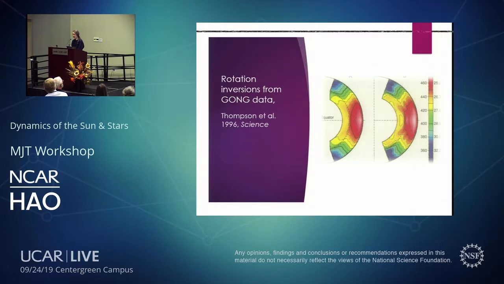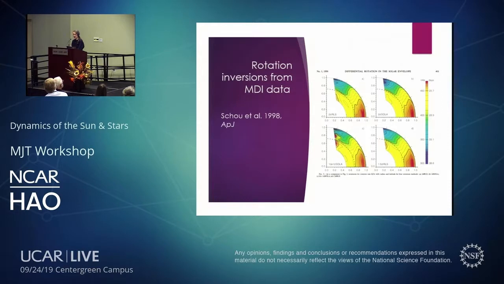Now, a little later, we did some similar exercises with early MDI data. Now, I'm showing these. If you look too closely at the high latitudes in MDI, you can see some funny things going on, which is a bit of a cautionary tale because we got quite excited about these, what looked like a jet.